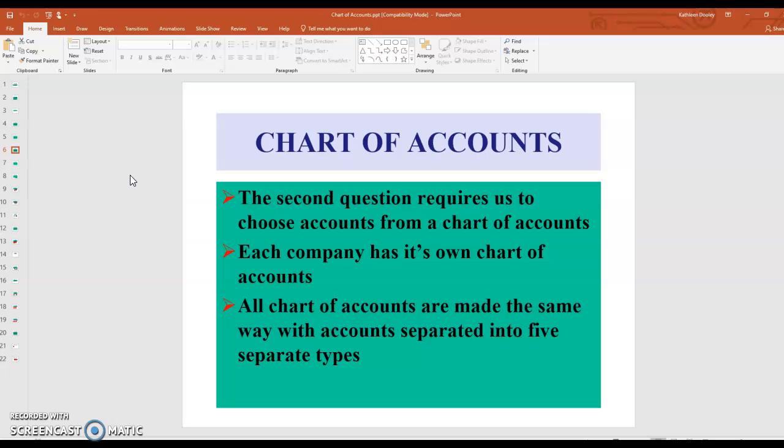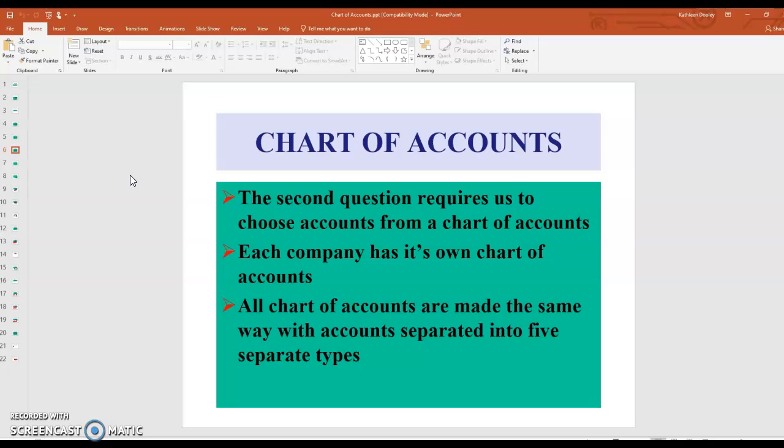The second question requires us to choose an account from a chart of accounts. Each company has its own chart of accounts, and how big the company is and what kind of business transactions they have dictates what kind of accounts they have.